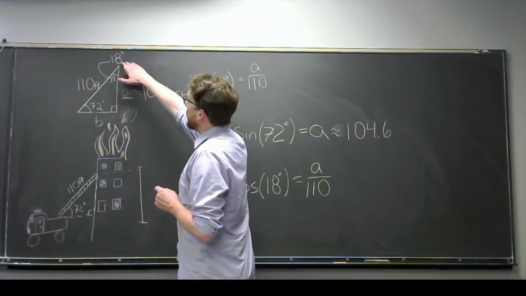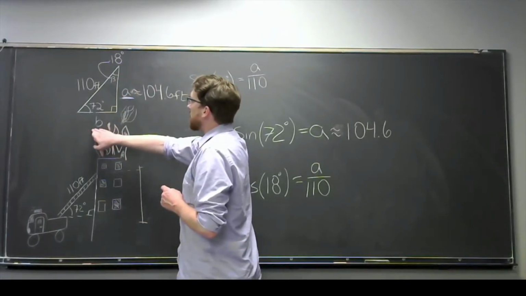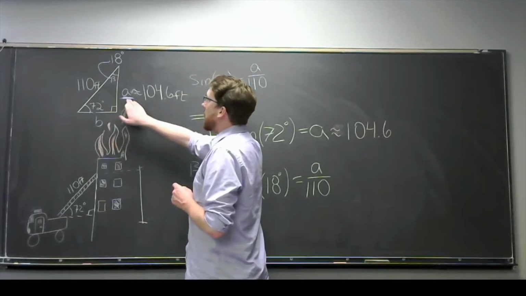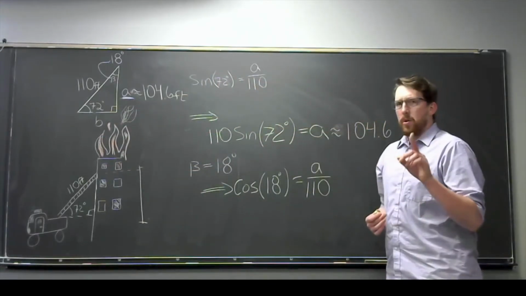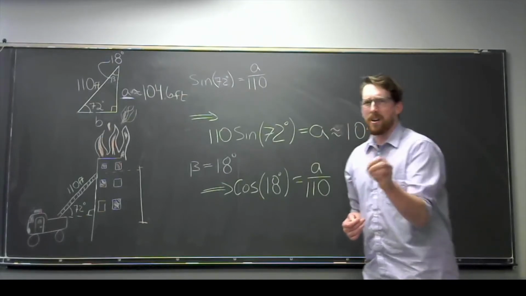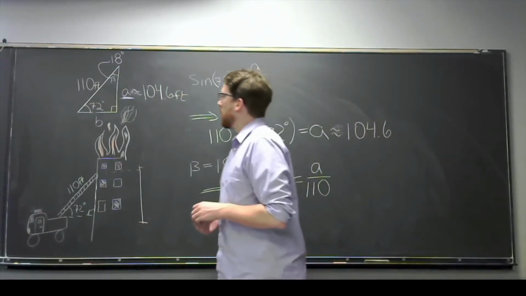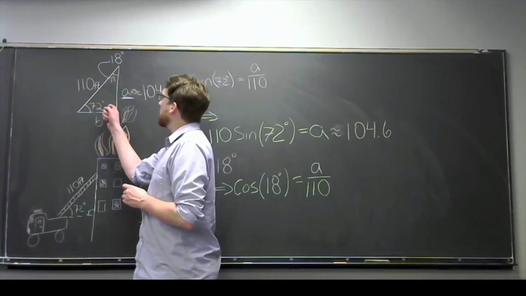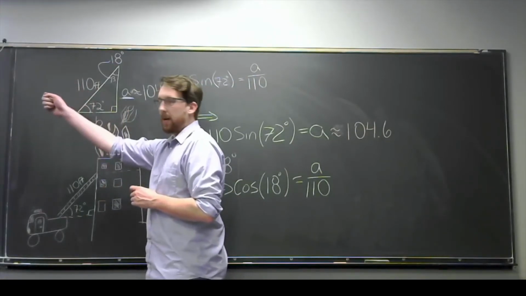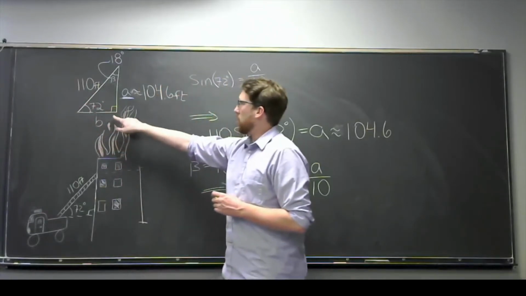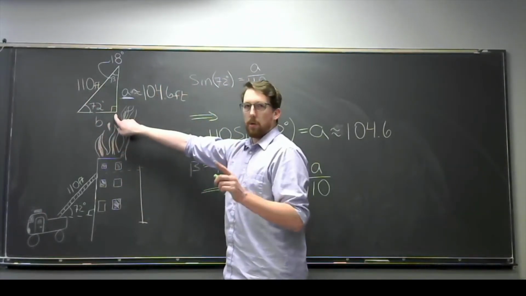With this 18-degree angle, B is our opposite side, and A is our adjacent side. Now notice, in both cases, the hypotenuse stayed the same. That's because the hypotenuse is always the side opposite of our right angle. It's always the opposite side of that corner. Always, always, always.